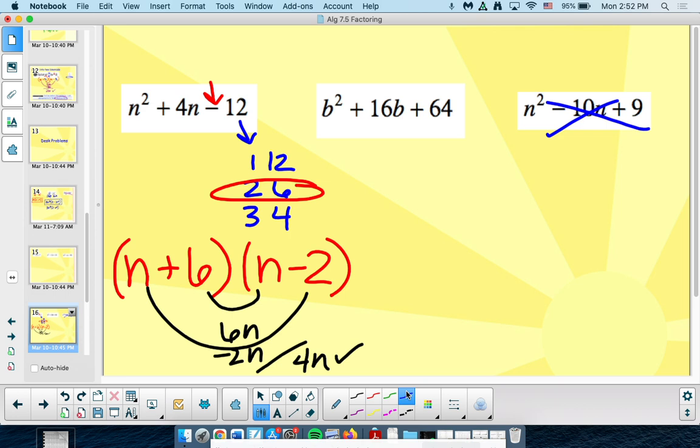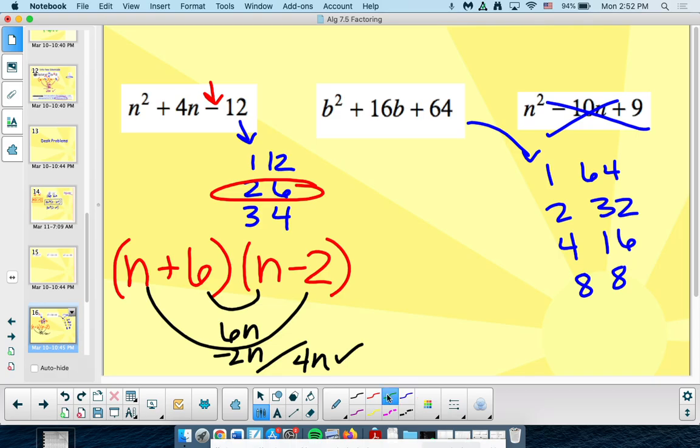Now this last one, 64. We have a lot of options here. It could be 1 and 64, 2 and 32, 3 doesn't go in there, 4 goes in there 16 times, 5 doesn't, 6 doesn't, 7 doesn't, but 8 goes in there 8 times. So we have 4 options. Out of these 4 options, which one would combine to 16?